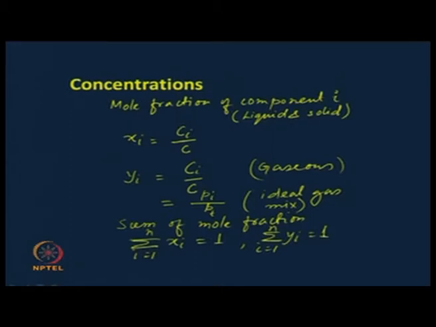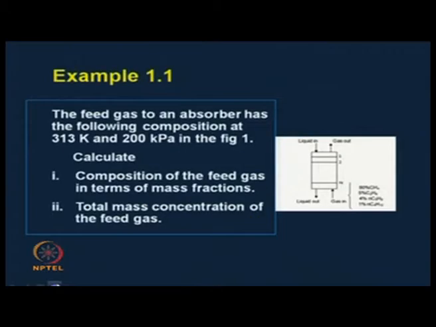Now, let us take an example to calculate these mole fractions. Suppose the feed gas to an absorber has the composition 90% methane, 5% ethane, 4% normal propane and 1% butane.